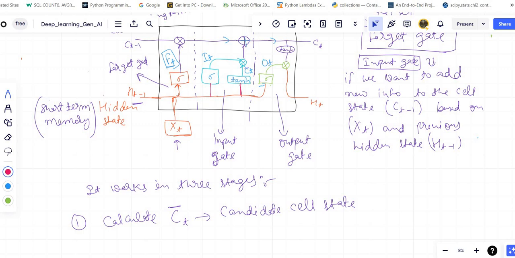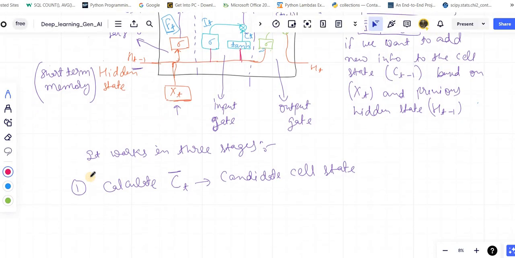Now, what we need to do, we need to calculate the candidate C, this one. So how to calculate the candidate C state? This is the first thing we need to do.